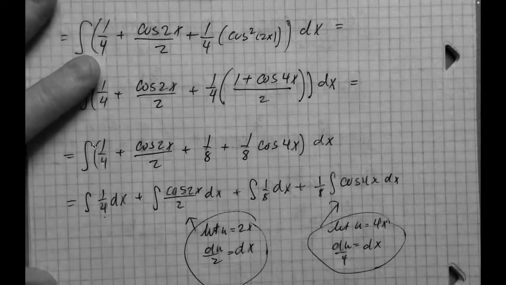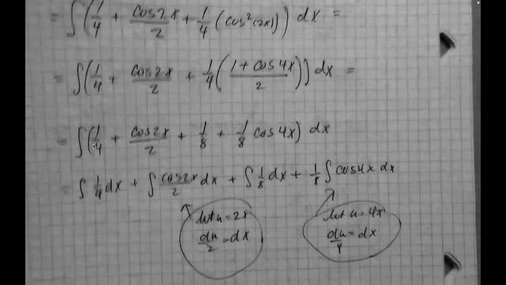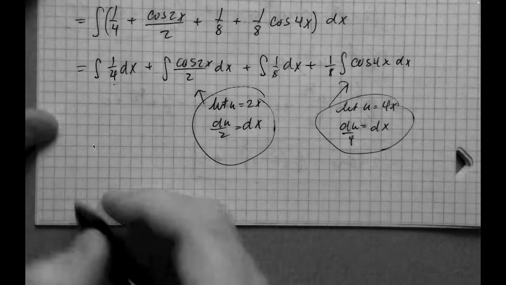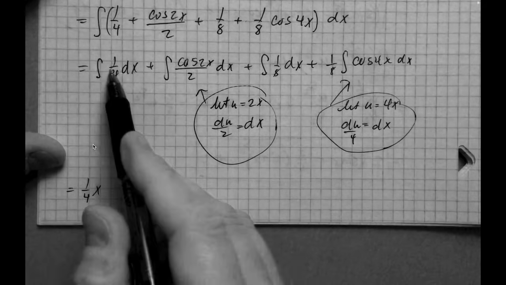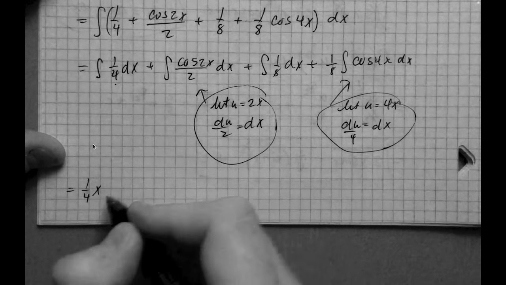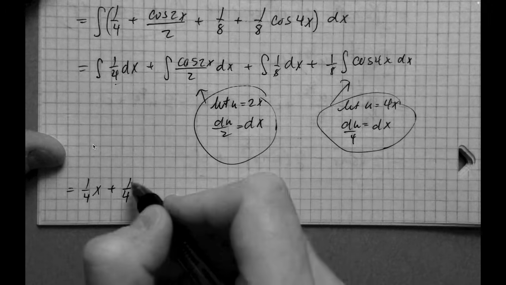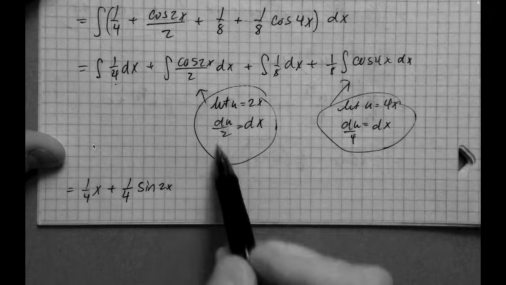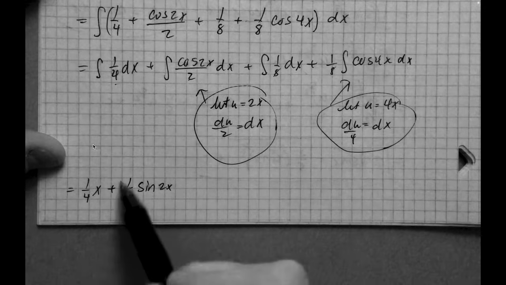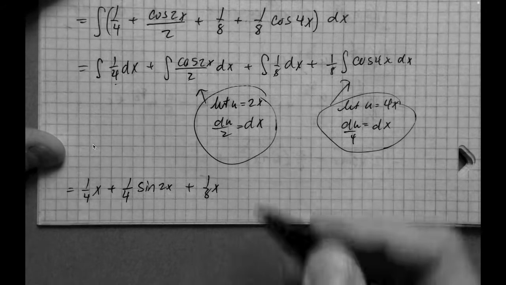Okay. And so, working all of that out, running through the numbers here, we get 1/4 x for this guy, and then it's plus 1/4 sine of 2x. Because remember, you've got a half here already, and then you get the du over 2, so that's where you get the fourth. And then it's plus 1/8 x.